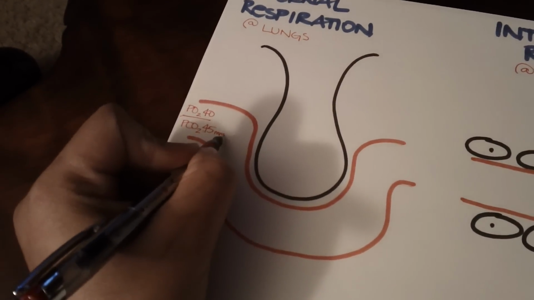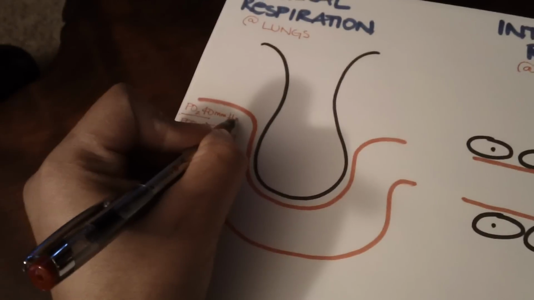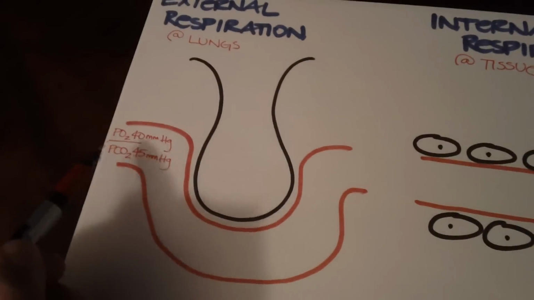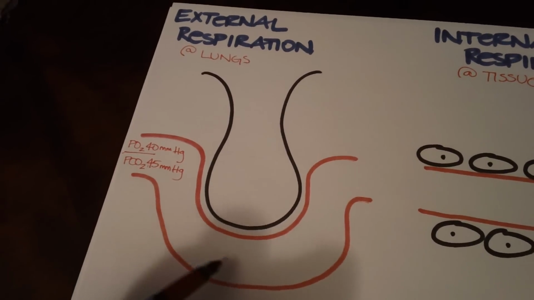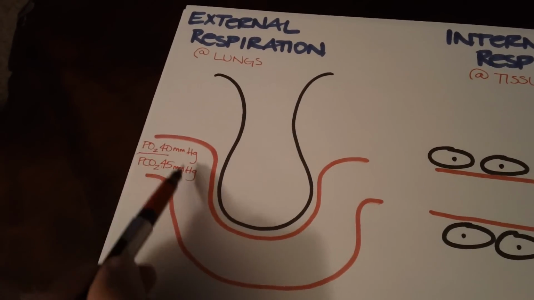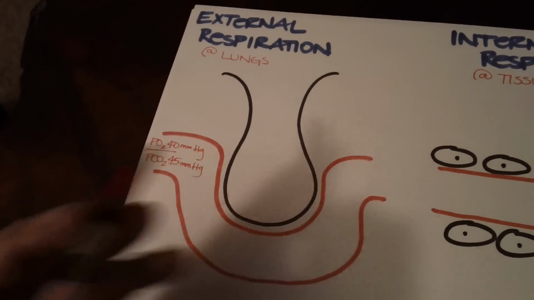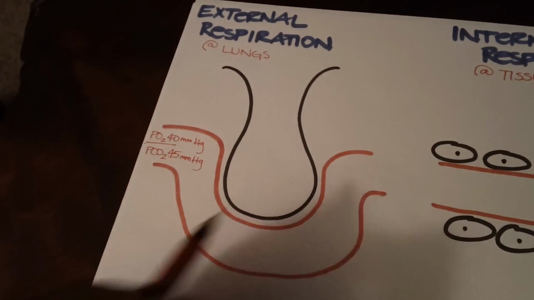And remember the units are millimeters of mercury. As they pass through the lungs, here is just a macro photo of where this capillary bed is going, where it kind of hugs the alveoli, where the air lies in the lungs.